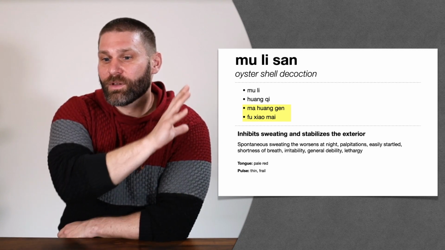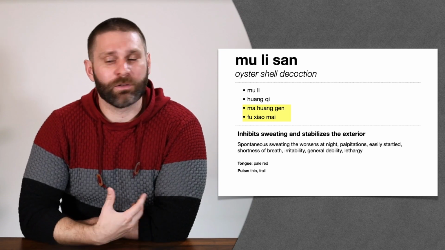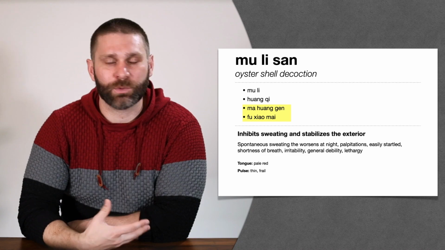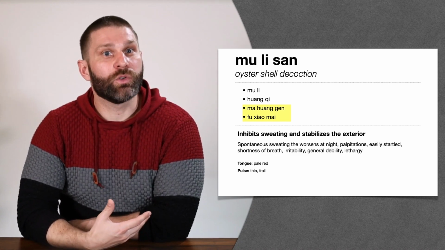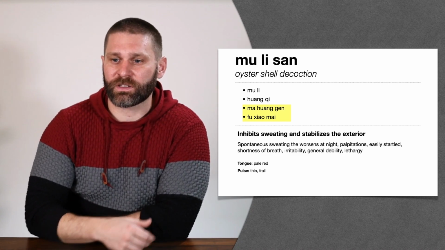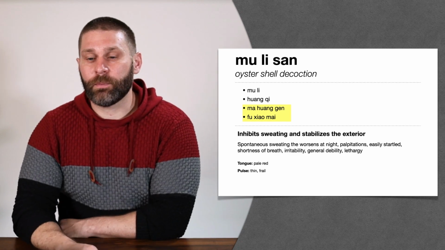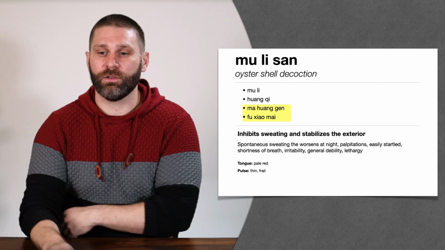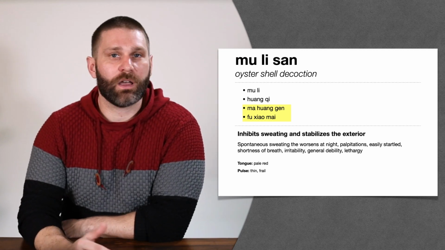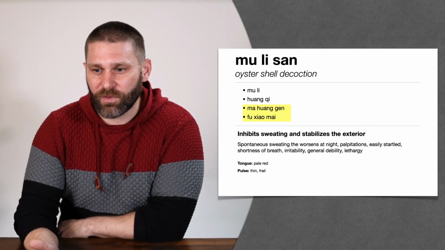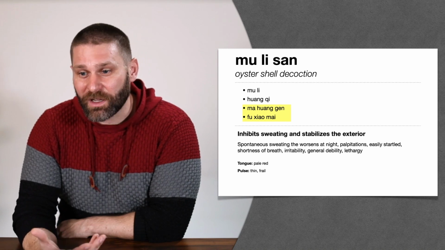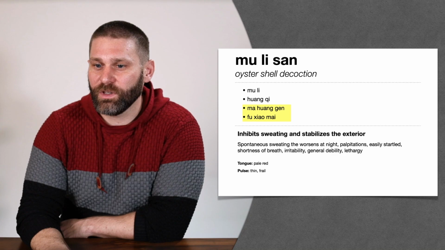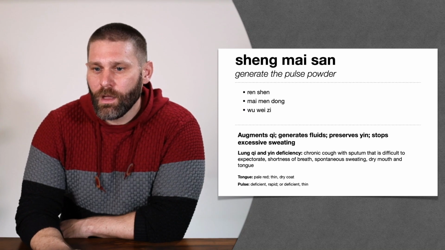So we have 4 herbs altogether, and all 4 of them have an action of stopping sweating. We put them together to stop sweating. This is an example of combining herbs from different categories, and we're also tonifying lung qi to stop sweating. So Mulisan is a very common formula for stopping sweating, either spontaneous sweating or nighttime sweating.